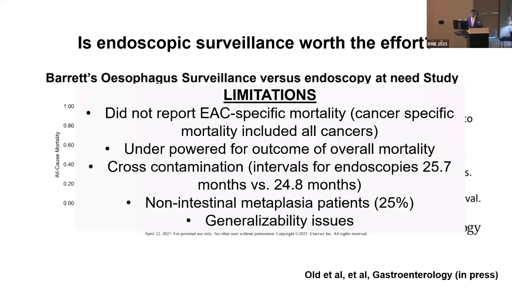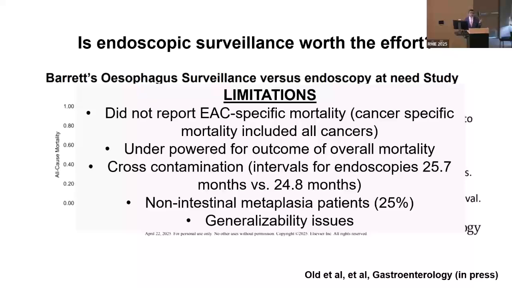For one, it did not report on esophageal cancer-specific mortality. They basically included cancer-specific mortality in their endpoint of all-cause mortality. They were underpowered for the outcome of overall mortality. There was significant cross-contamination between the two groups.